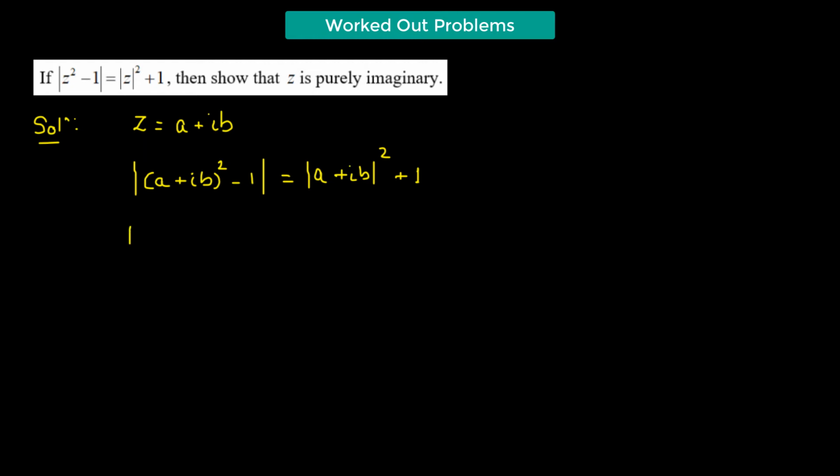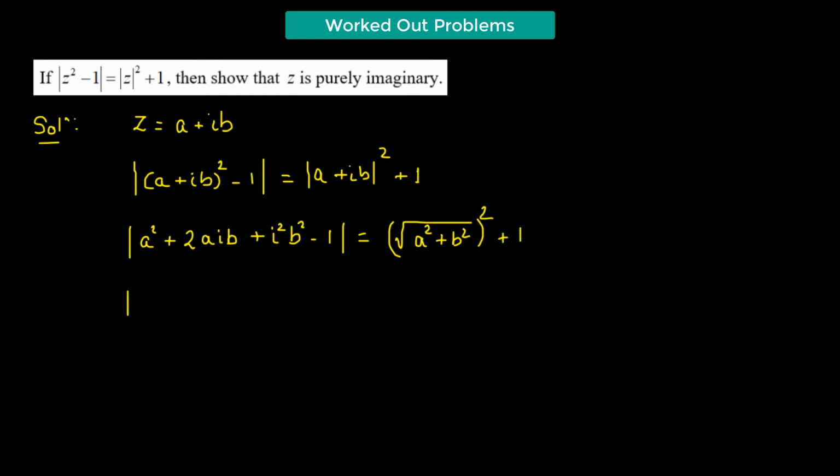So we're going to expand a plus ib whole squared using the identity for a plus b squared. So that would give us a squared plus 2 times a times ib plus i squared b squared minus 1. And the absolute value of a plus ib will be the square root of a squared plus b squared, whole squared, plus 1.